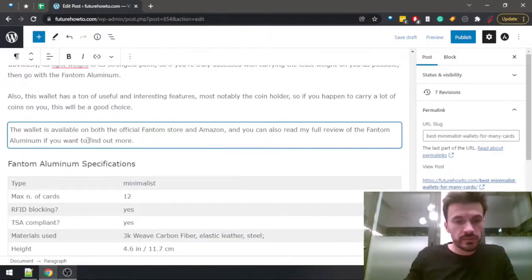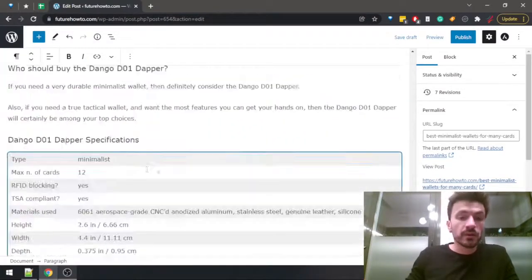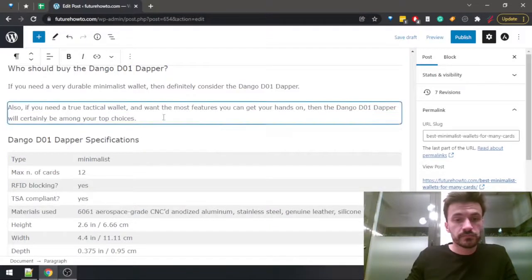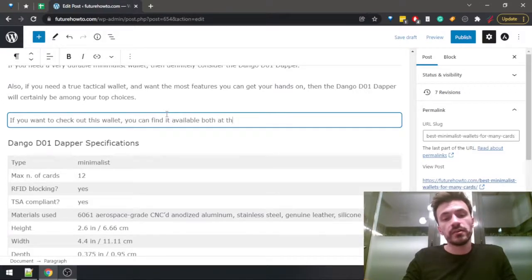This one is not published as well. Then we'll do Dango Dapper. Okay, I know this one is published. Oh, we forgot the: if you want to check out this wallet, you can find it available both at the official Dango store and Amazon.